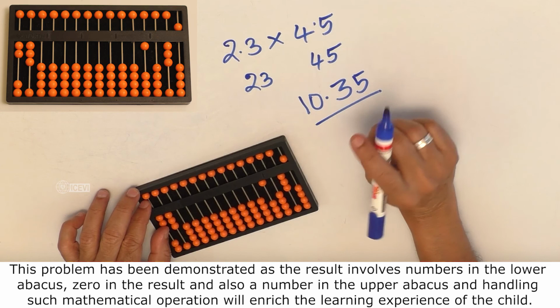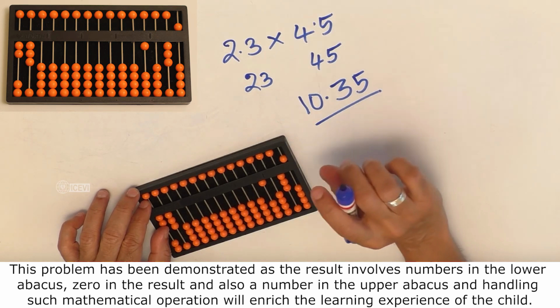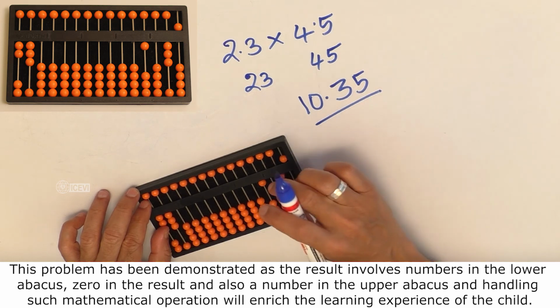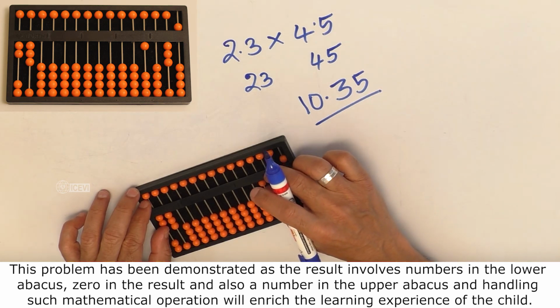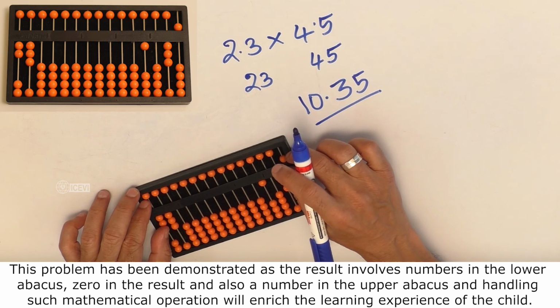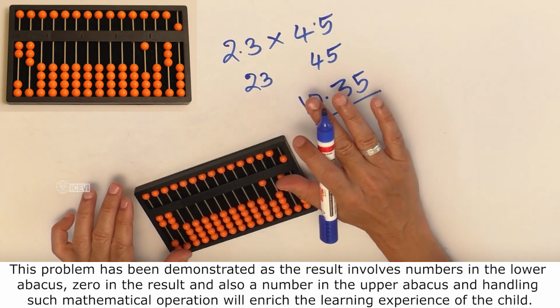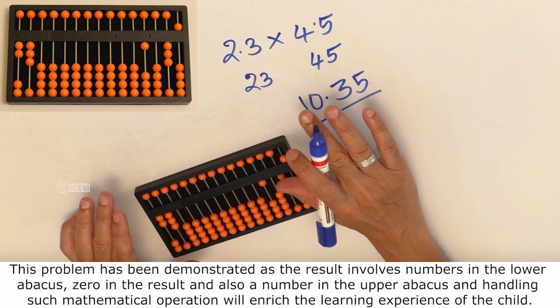This problem has been demonstrated as the result involves numbers in the lower abacus, 0 in the result, and also a number in the upper abacus, and handling such mathematical operation will enrich the learning experience of the child.